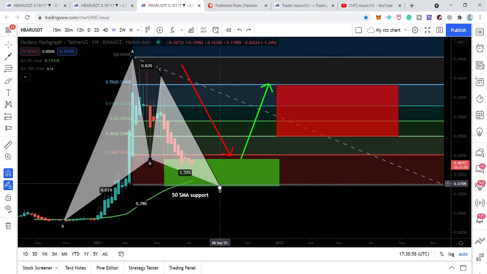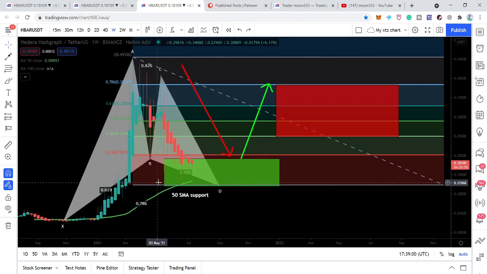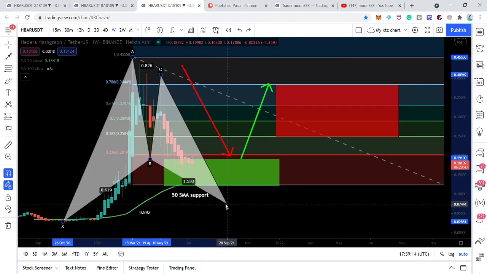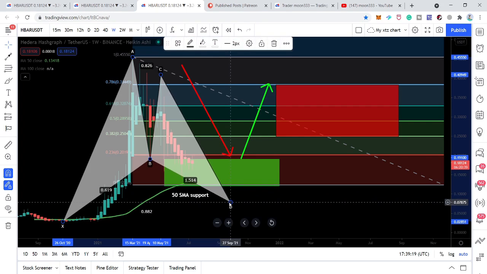If it is a Bat pattern, then the buying zone can start from here, that is 11 cents or 12 cents approximately, and goes to 0.886 Fibonacci retracement level. If I pull it down, then we can see that the buying zone can go up to this level, that is approximately at 8 cents.